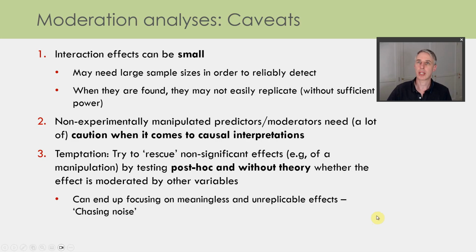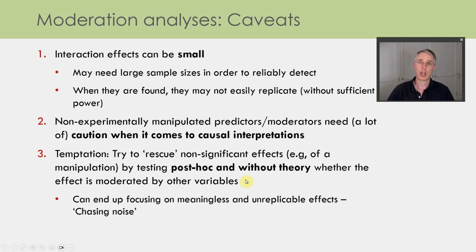And thirdly, and this is a little bit more specific to the possibilities opened up by the sorts of things that I've talked about in this session, there is a temptation that you need to resist that comes with these sorts of analysis options. And that is when testing a variable that you expect to predict the outcome variable that's non-significant, an approach such as this can open up the temptation to try and rescue that by testing post hoc and without theory whether the effect in turn is moderated by other variables.